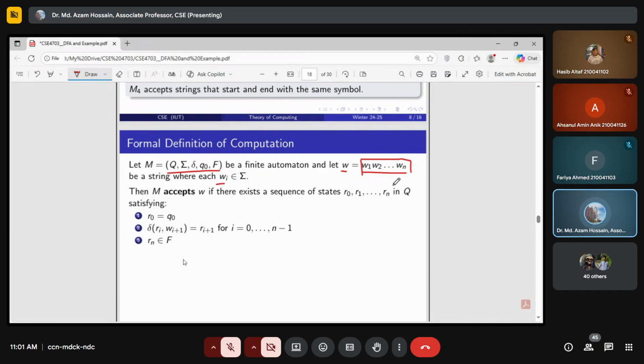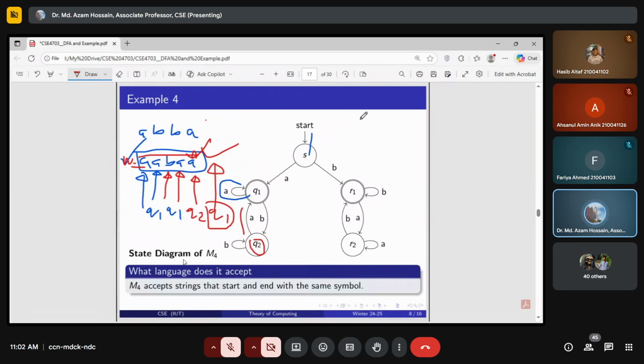Each Wi is from the alphabet. Here in this language, our alphabet was A, B, so the strings are built with A and B.